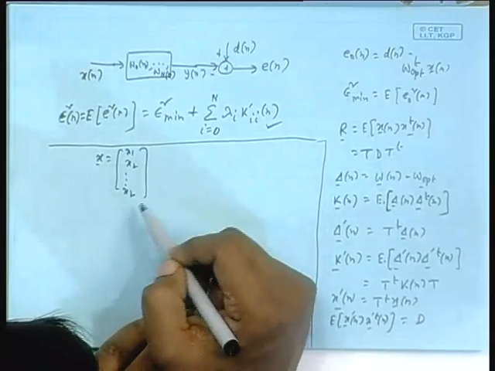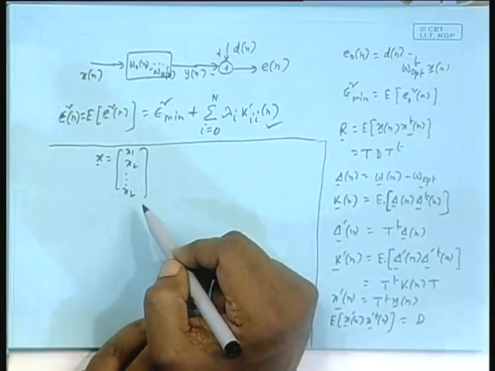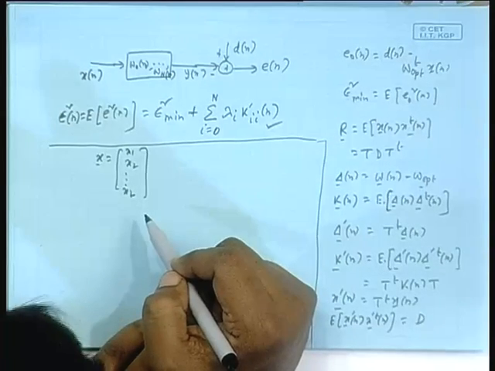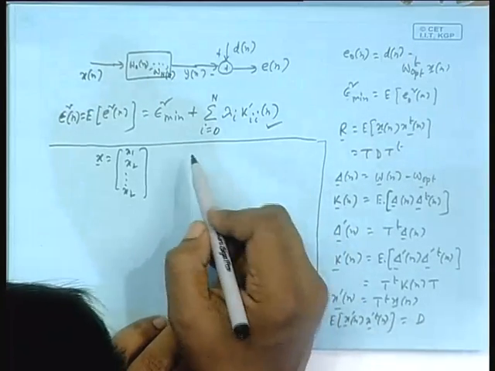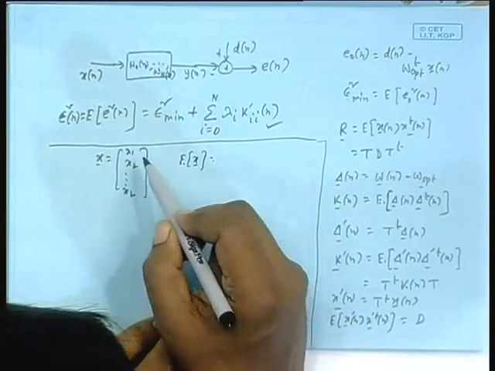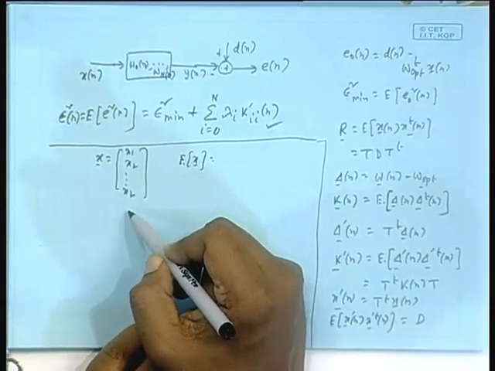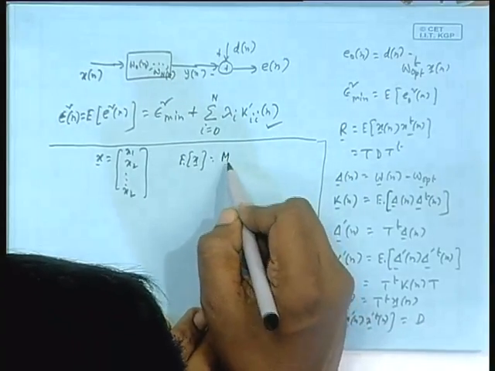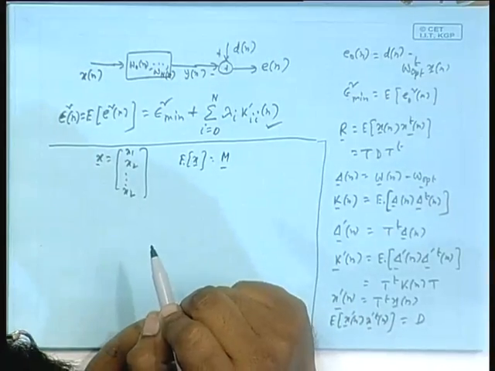Okay. It is said that they are jointly Gaussian, with some mean m. That means if you take the expected value of x, that is E of x1, E of x2, dot dot dot, E of xL, you form a vector of means and call it m. This is called the mean vector.